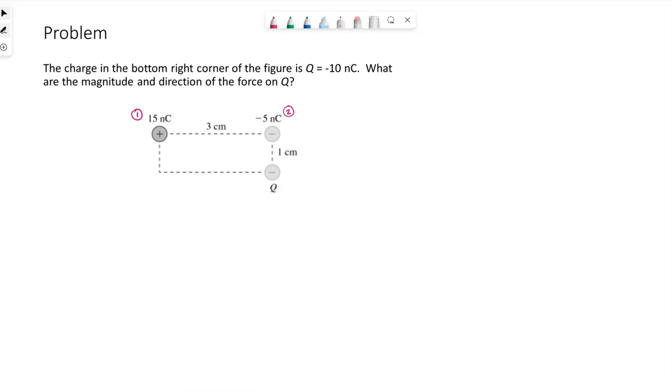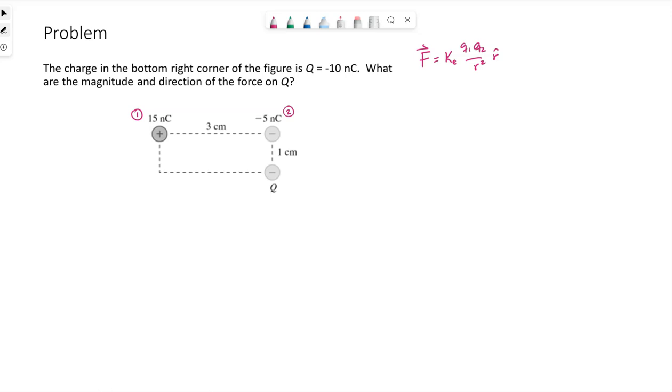I'm erasing that so we can draw the vectors in without a problem. So again, since these are point charges, we're going to use Coulomb's law, which allows us to find this force, the electric force specifically, on a point charge due to another point charge.